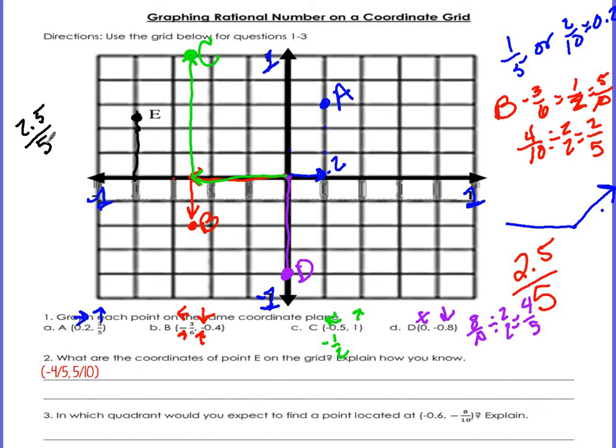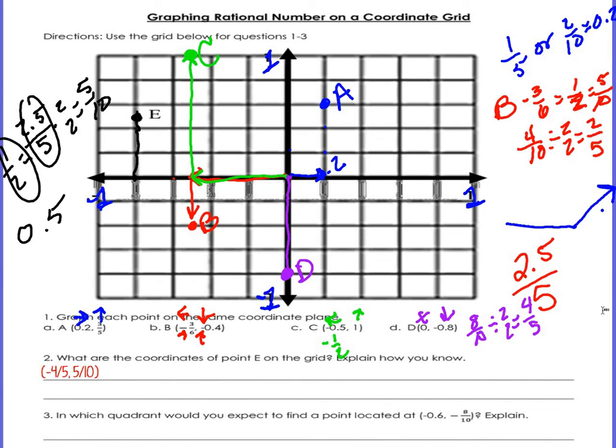We could also have written that and then found some equivalencies and said, okay, if I multiply it by 2 and by 2, I get 5/10. Or I know that this is equal to half because I know 2.5 is half of 5. So you have different options here. If you were to use any of these, 0 and 5/10 as a decimal, those would all be acceptable and correct answers because they're all equivalent.